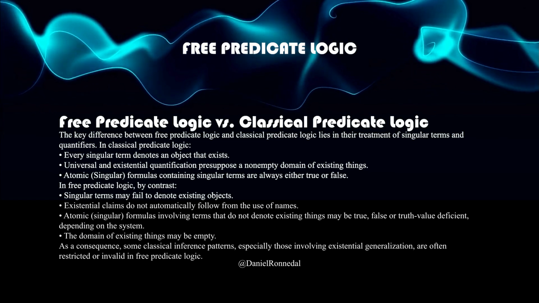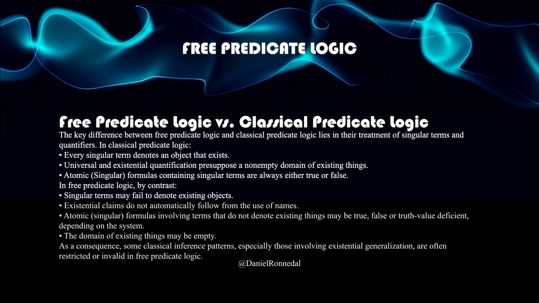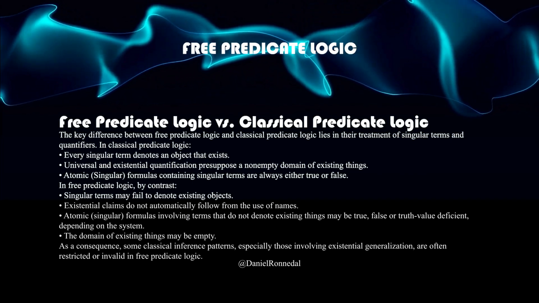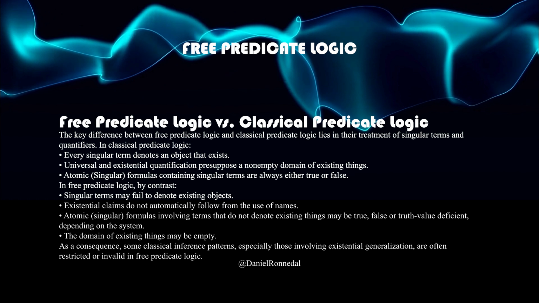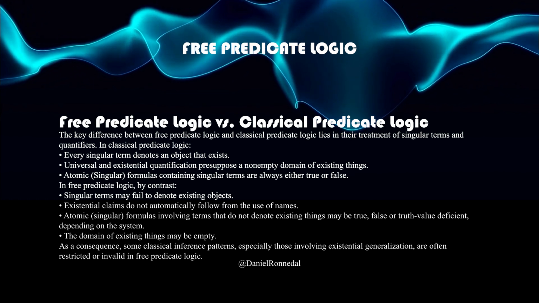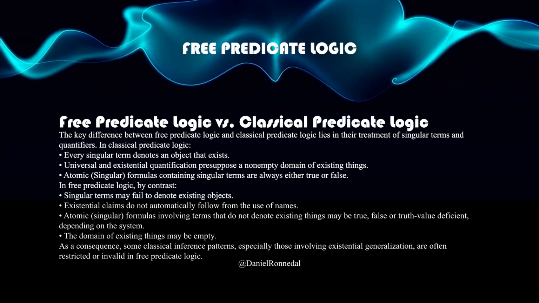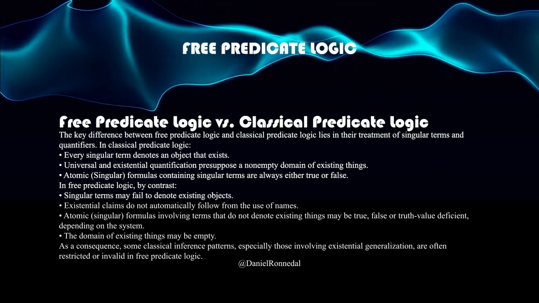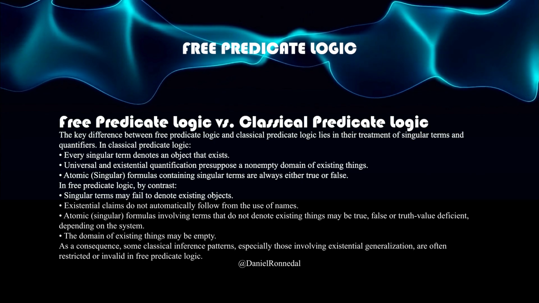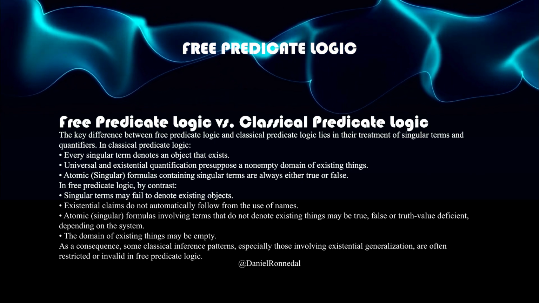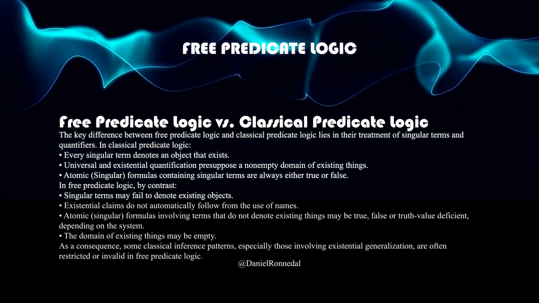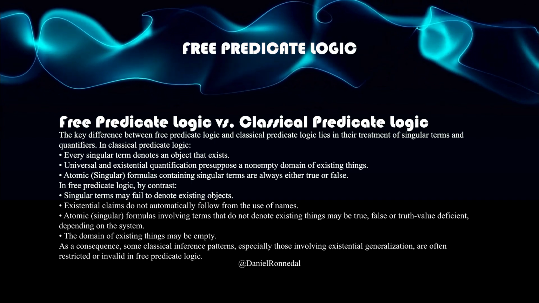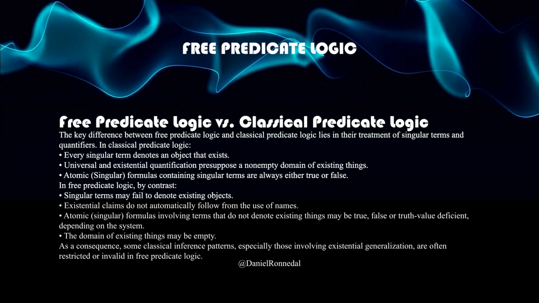In free predicate logic, by contrast, singular terms may fail to denote existing objects. Existential claims do not automatically follow from the use of names. Atomic formulas involving terms that do not denote existing things may be true, false, or truth-value deficient, depending on the system. The domain of existing things may be empty. As a consequence, some classical inference patterns, especially those involving existential generalization, are often restricted or invalid in free predicate logic.